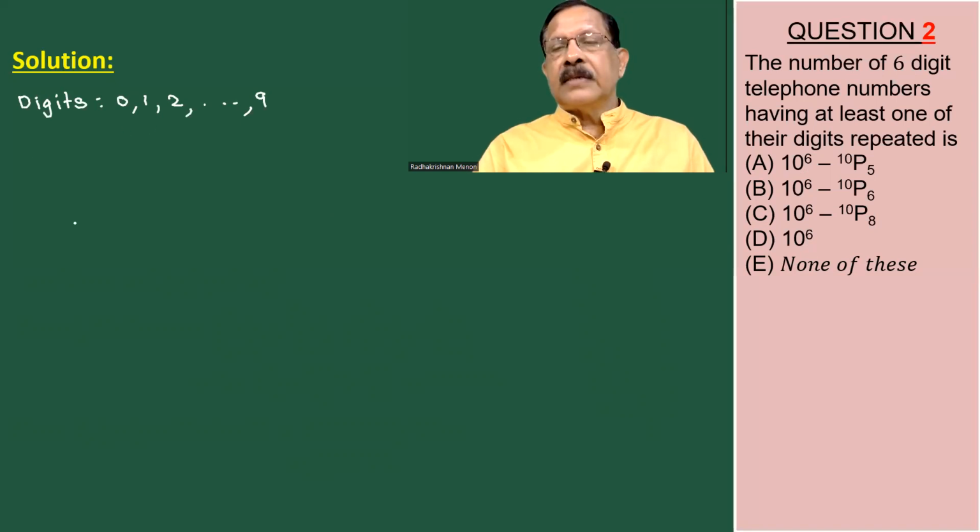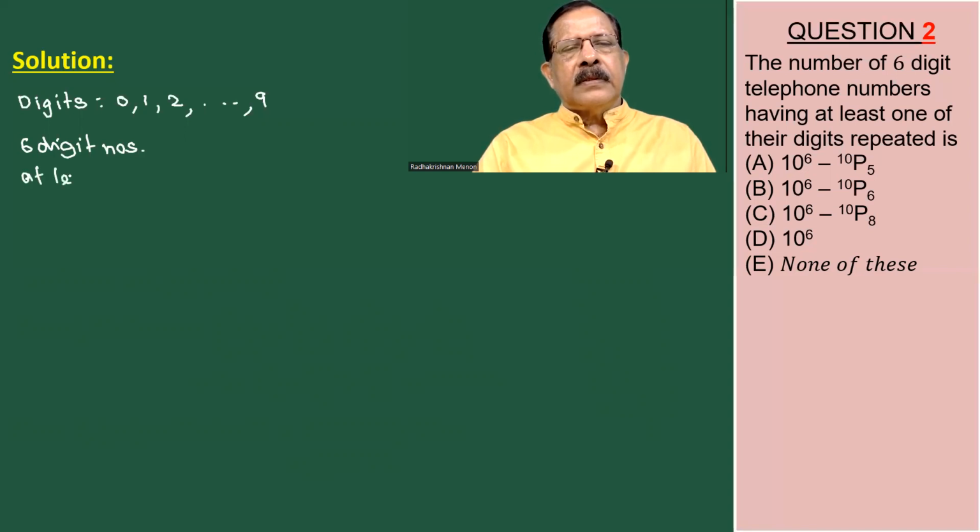So we have to consider 0 also. So 6-digit numbers with at least one digit repeated.